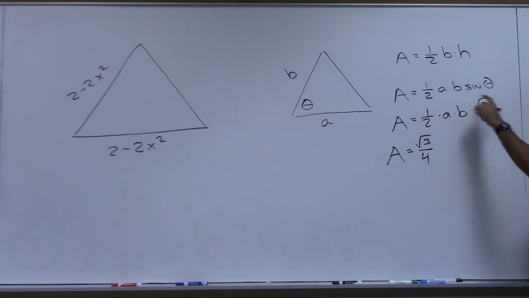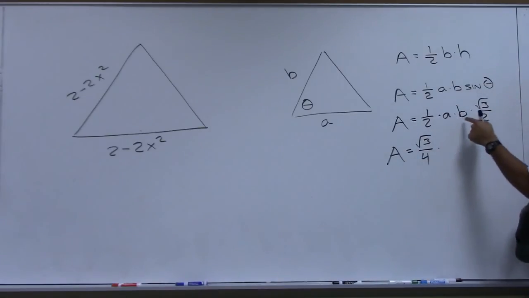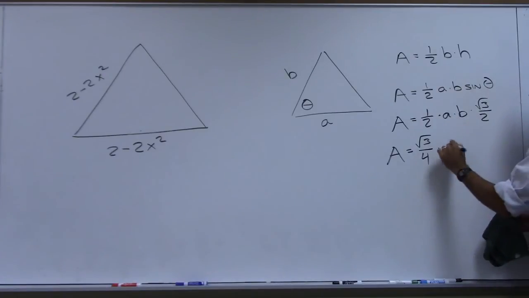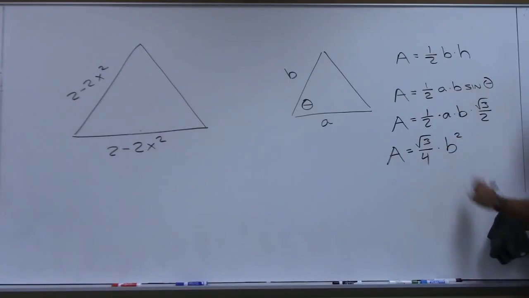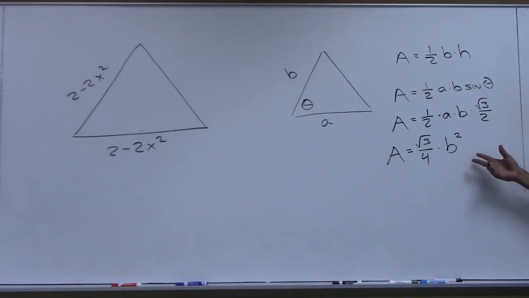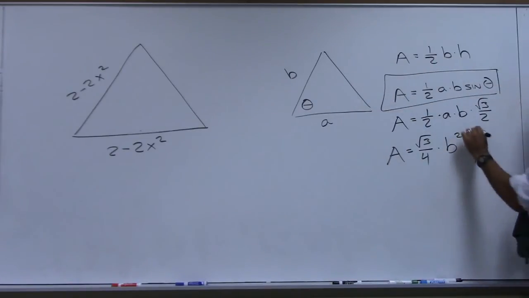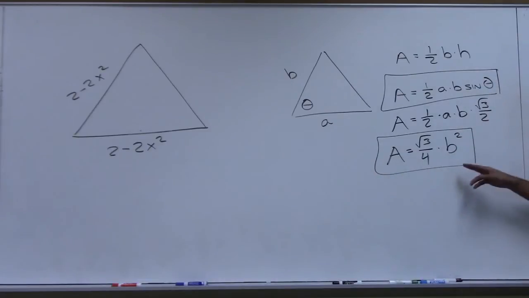And if a and b are the same on an equilateral triangle, this becomes b squared. I could have said a squared. This is a general formula for any triangle, and this is actually the formula for the area of an equilateral triangle, because equilateral will always have 60 degrees. You'll always get this formula, and A will always be B if they're equilateral. So that is a formula we can use.